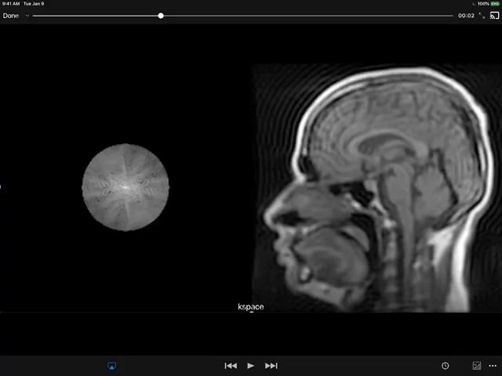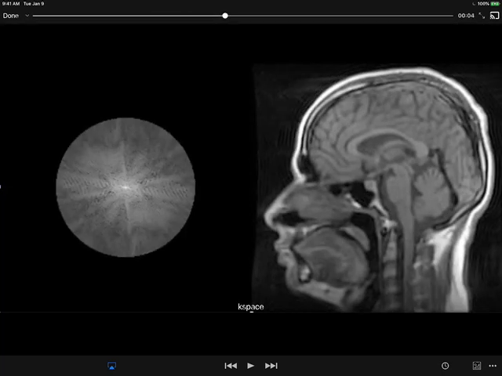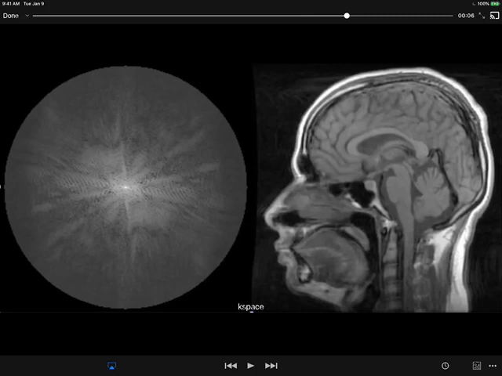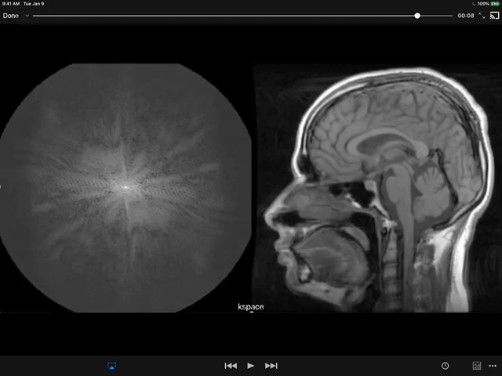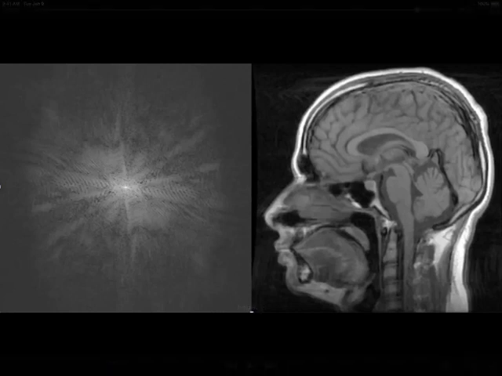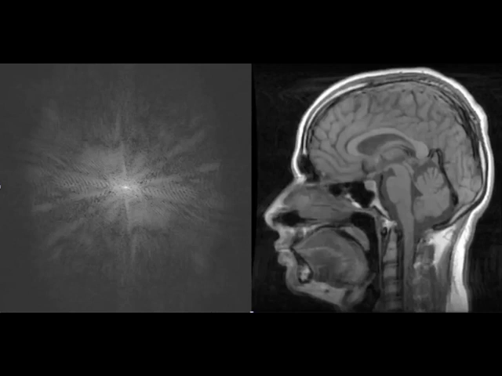And as we add more and more frequencies, we fill in all those details. At the end, when we've got all of k-space, we have a very nice looking image. So this is showing us that the center of k-space is really the rough details of your image, and as you get more and more of k-space, you start filling in the details. Okay, so let's look at some examples of that.